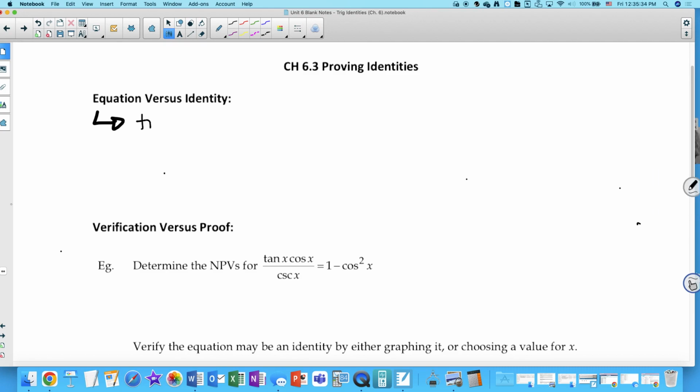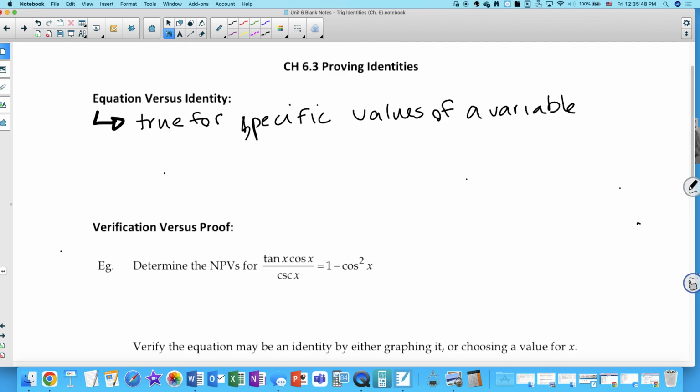This is true for specific values of a variable, okay? So for example, if we have 3x equals 15, this is true when x equals 5.